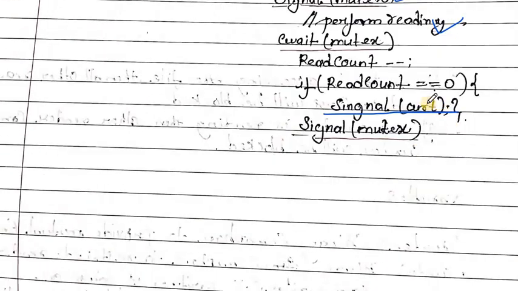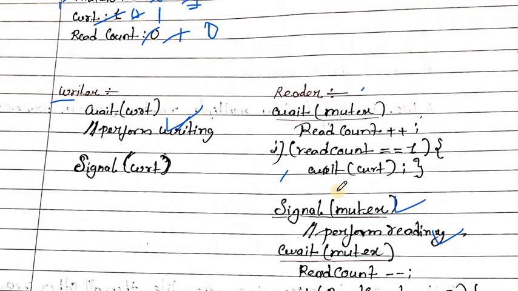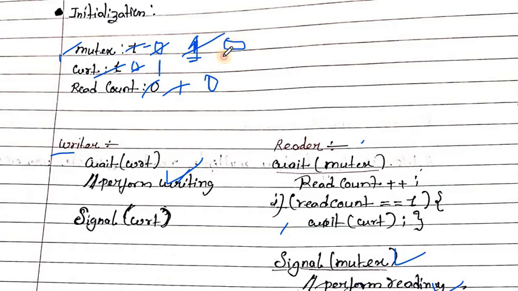Now it gives permission to write because the reader is going out of the reading section and is not reading now. Then signal mutex becomes 1. The initial conditions are met again.